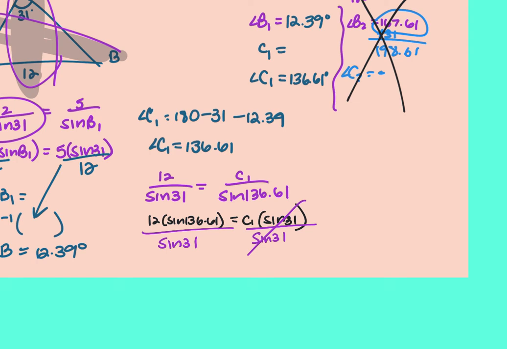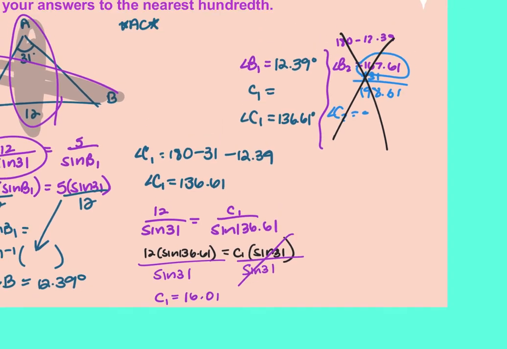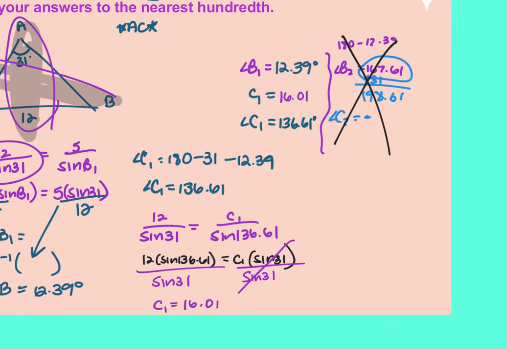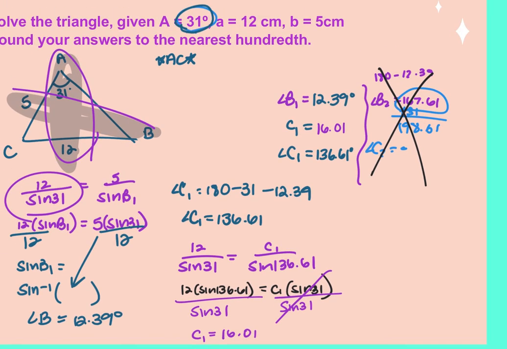So 12 sine 136.61 divided by sine of 31, and I get side C1 is 16.005, so 16.01. And that completes the triangle.